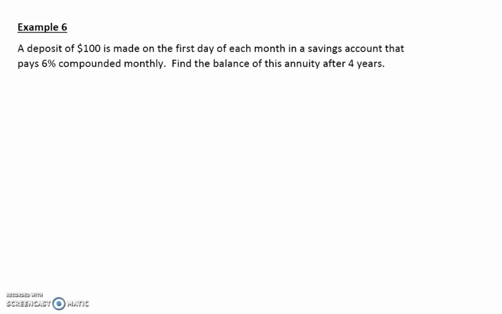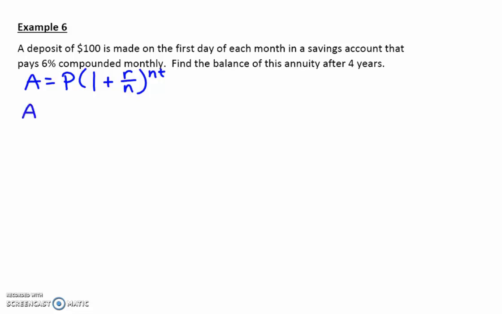All right, so this is a compound interest problem. So remember that our amount is equal to the principal times 1 plus the rate over the number of times it's being compounded, to the power of n times t, which was the number of years.